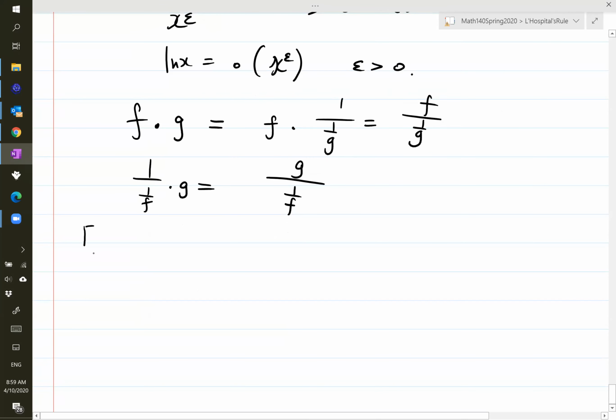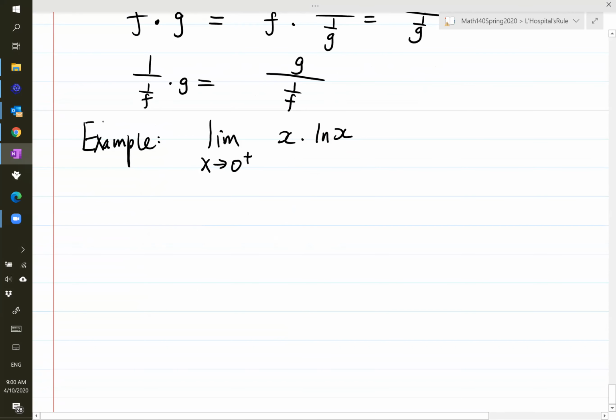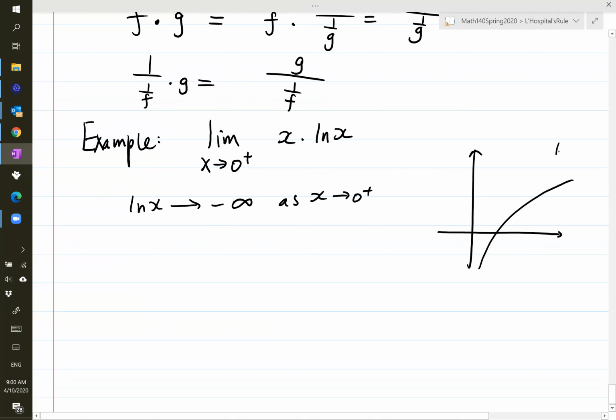So let's see this example: the limit as x approaches 0 from the positive side of x times log x. Remember, log x approaches negative infinity as x approaches 0 from the positive side, so the graph goes down to negative infinity.